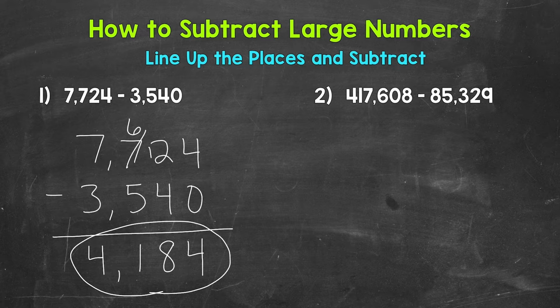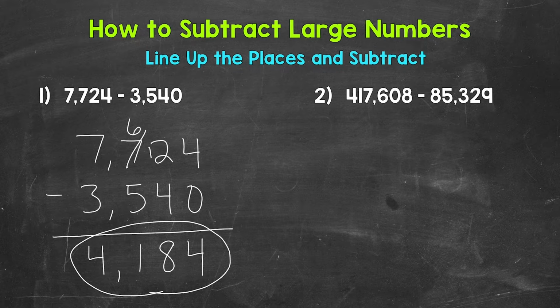Now, before moving on to number 2, I do want to talk about borrowing and what is happening when we do so. For example, when we borrowed from the 7 in number 1, we borrowed 1 from the 7. Technically, we borrowed 100 because that 7 is in the hundreds place and has a value of 700. Now we are subtracting in the tens place, so we technically have 20 minus 40, which we can't do.